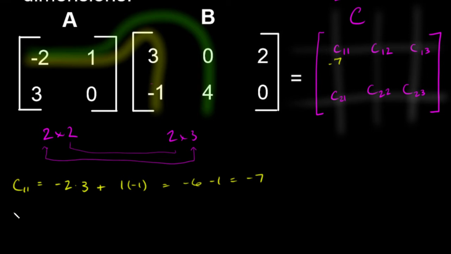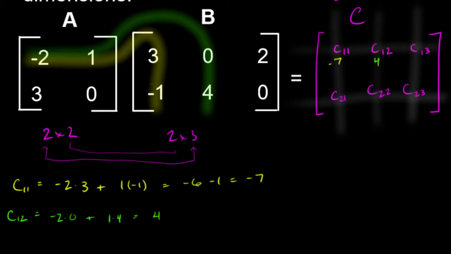And what you end up with, C12, is the first entry and the first entry times each other. So -2 times 0. You add that with the second entry and the second entry multiplied together, which would be 1 times 4. And that gets you 0 plus 4, which is 4. And so this is a 4.